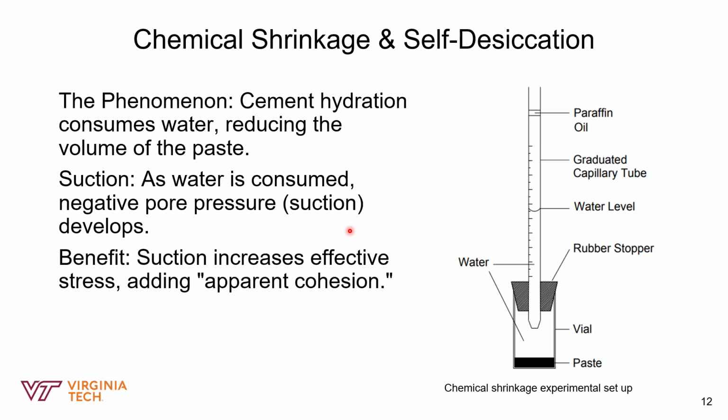In geotechnical terms, this increases the effective stress, and that's what we call apparent cohesion. The apparent cohesion is basically the additional shear strength that the backfill gains from the matric suction, which is the negative pore water pressure.